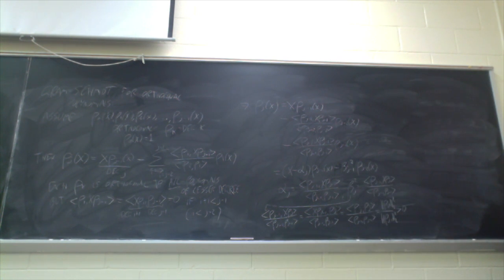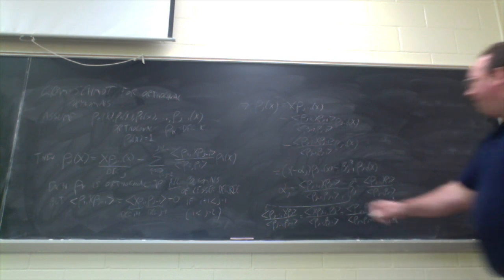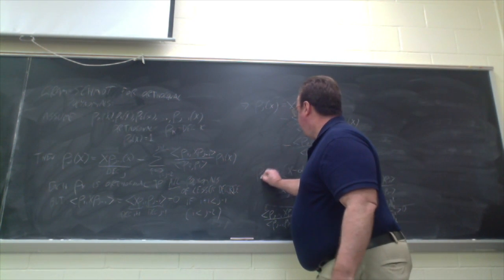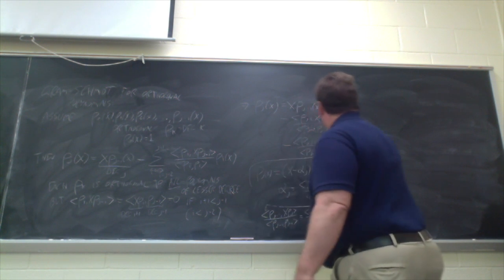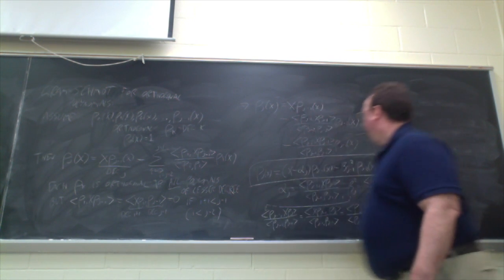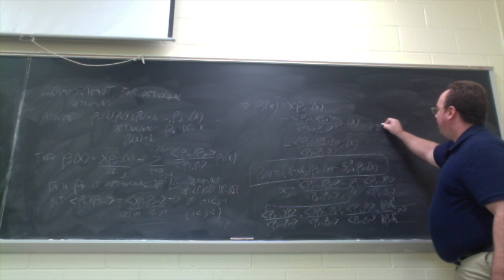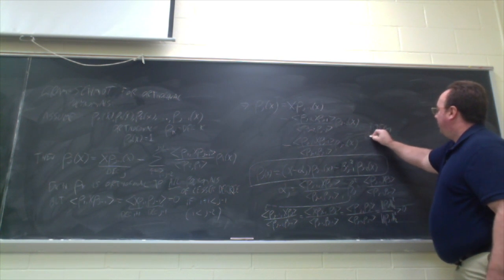Right. So now we have this very important relationship here. pj of x is equal to all this. This is what is called a three-term recurrence relation.